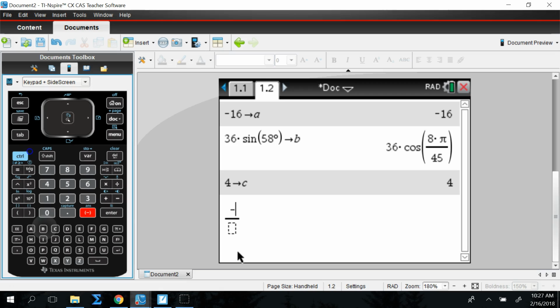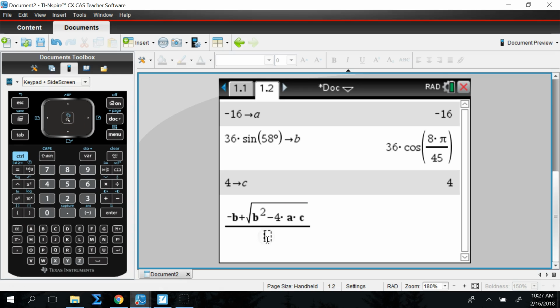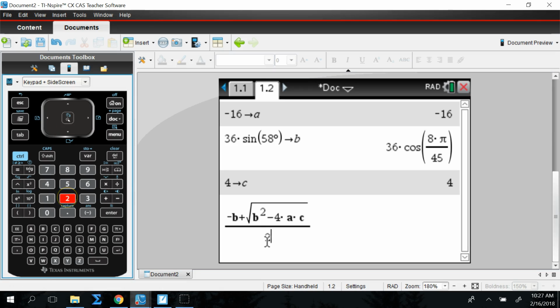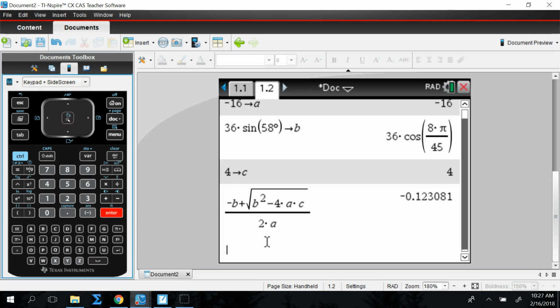The opposite of B plus the square root of B squared minus 4 times A times C, all over 2 times A. My quadratic formula, right? And when I get that, I get that.